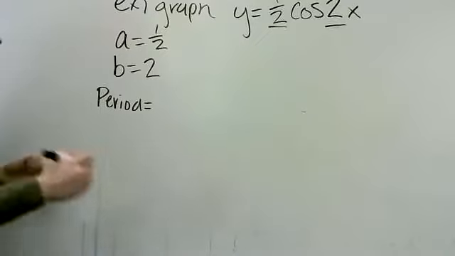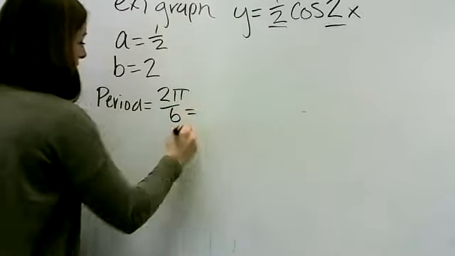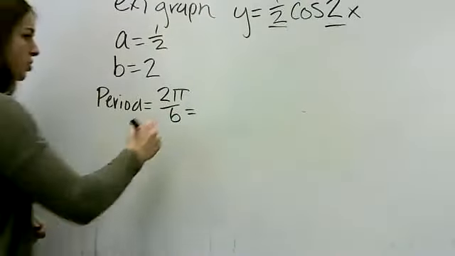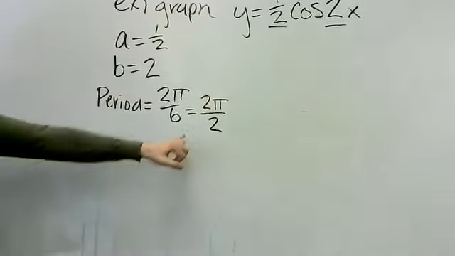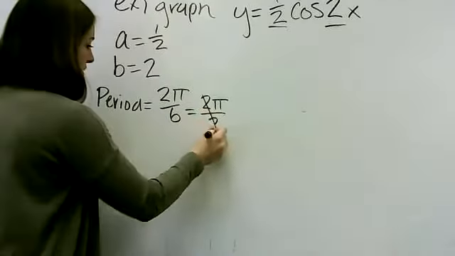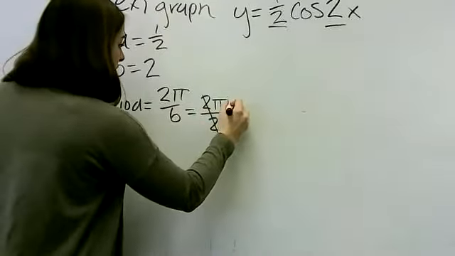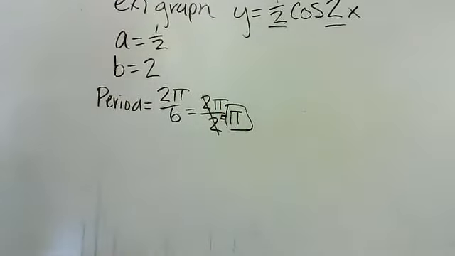To find my period, no matter what, it's always 2 pi divided by B. So we're going to have 2 pi divided by 2, because that 2 is my B. The 2's cancel. My new period length is simply pi.